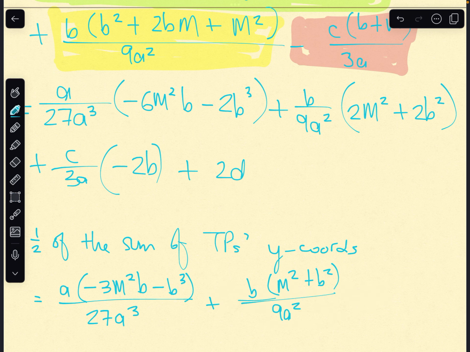Okay, and then we have half of this factor, so let's just keep it as c times minus b, so I'm just going to say minus bc over 3a, and half of 2d will just be d.